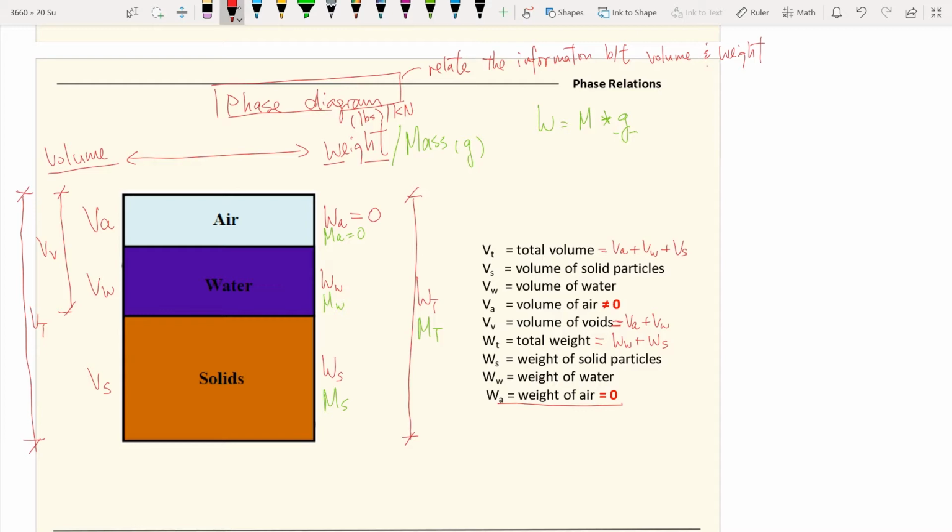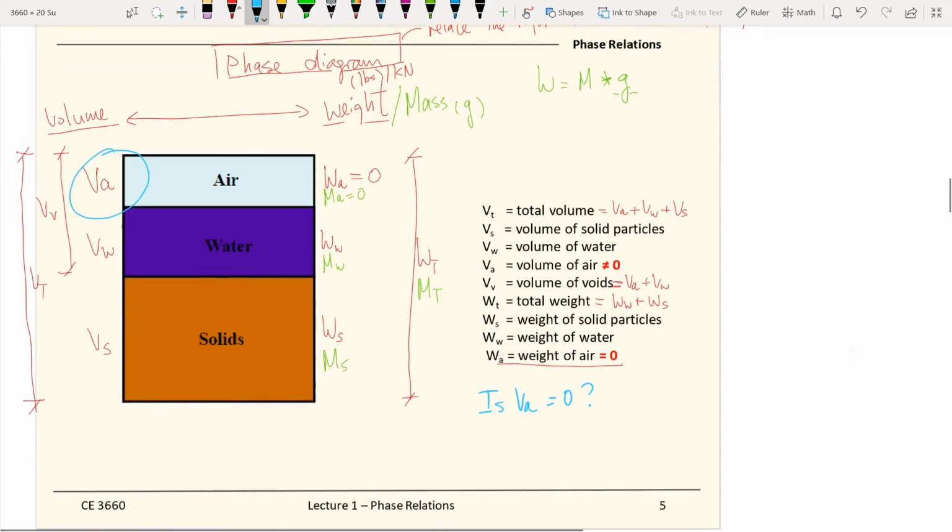One more final point about this slide, and then we move on. We talk about the weight of the air being equal to zero, but how about the volume of air? Is the volume of air equal to 0, like the weight of the air?